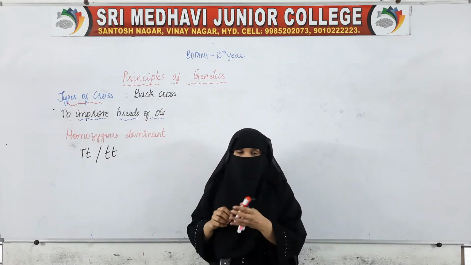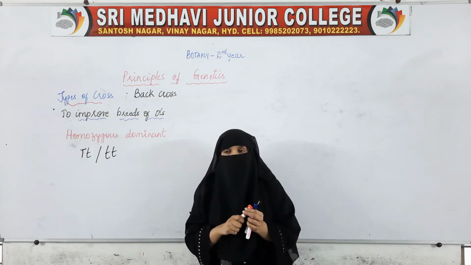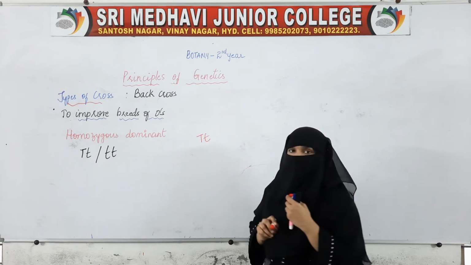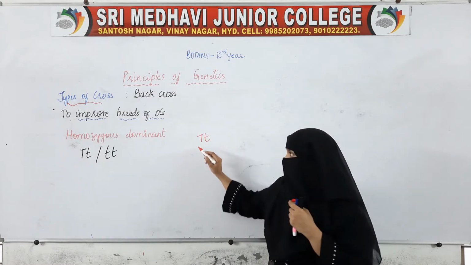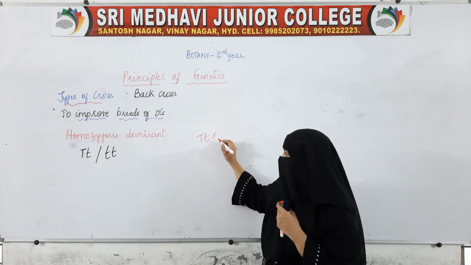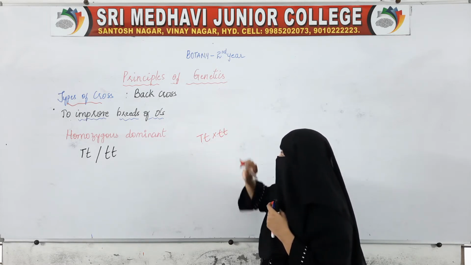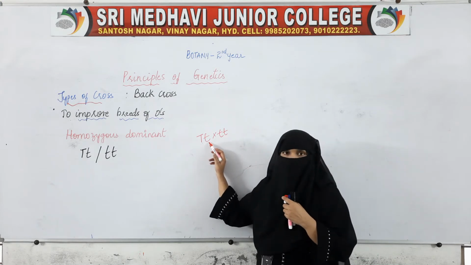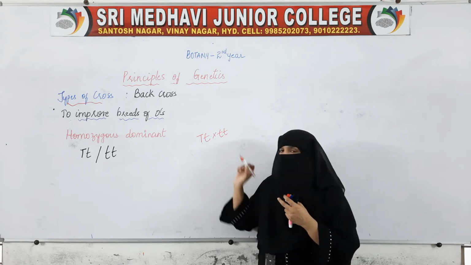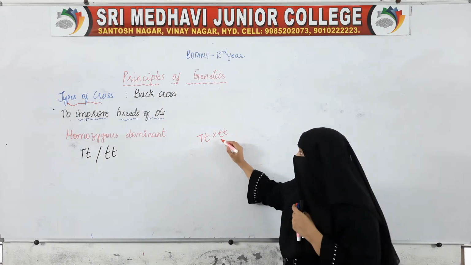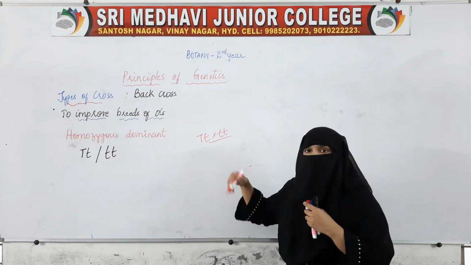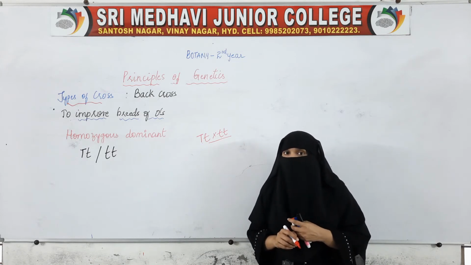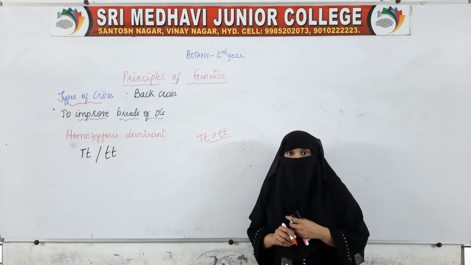For example, if we have a parent with these characters, we are crossing it with this. A plant is having these characters, but we don't want the recessive characters to be expressed in the next generation.